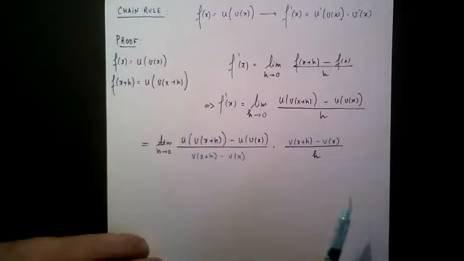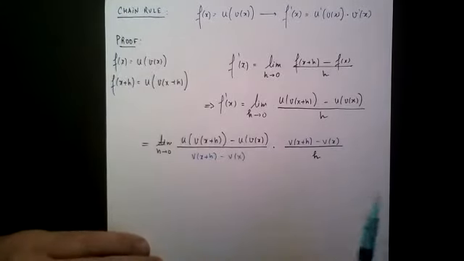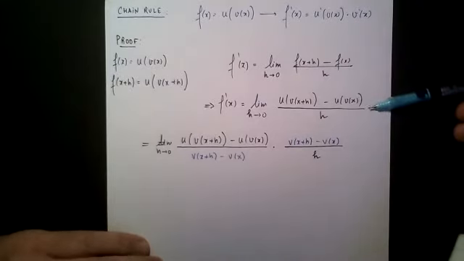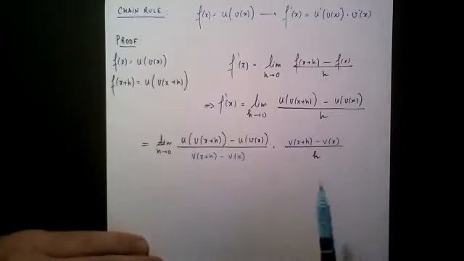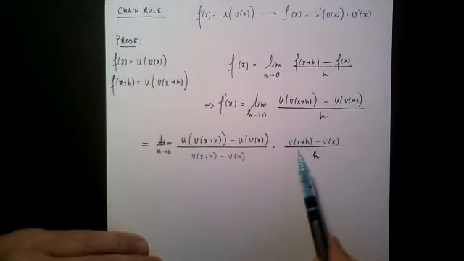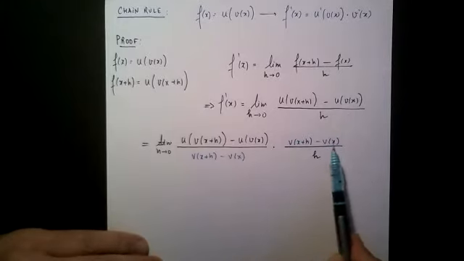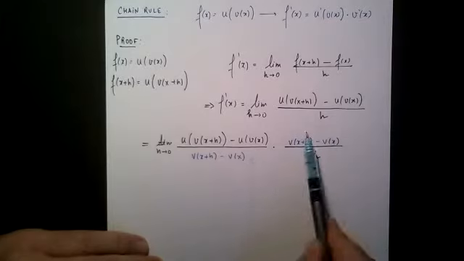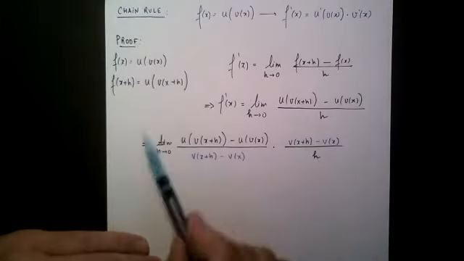Yeah. So here I'm supposing that you're okay with this. I'm just using the definition of the derivative. And then I'm going to multiply and divide this fraction by the same thing: v of x plus h minus v of x, top and bottom. I did not change the value.